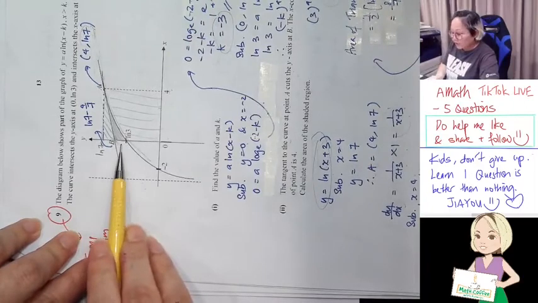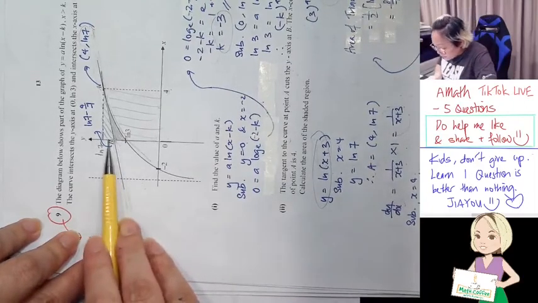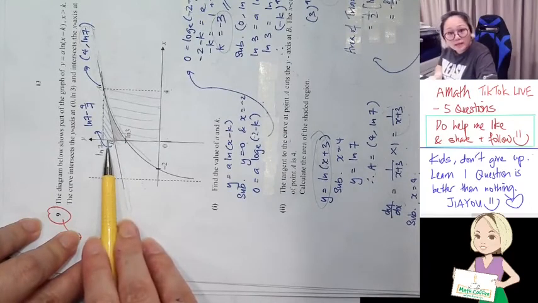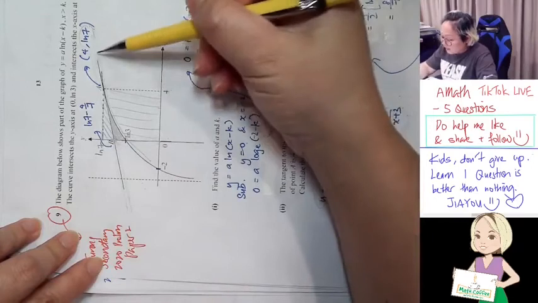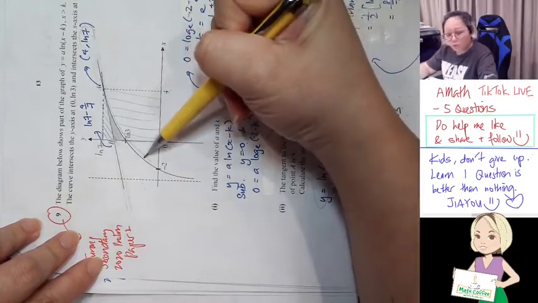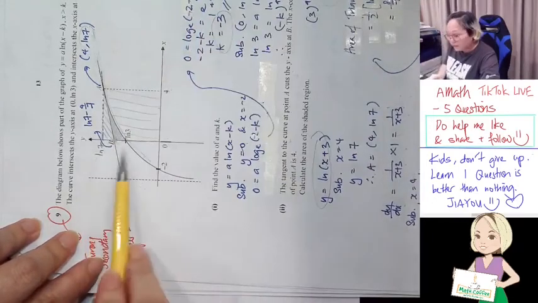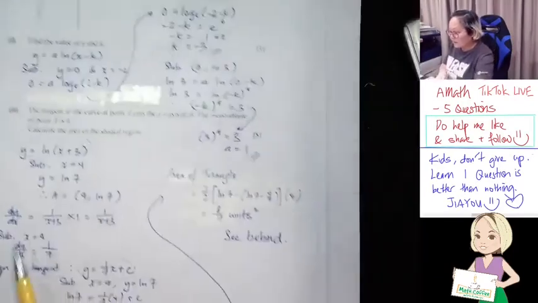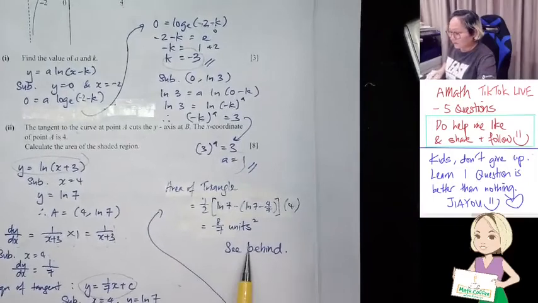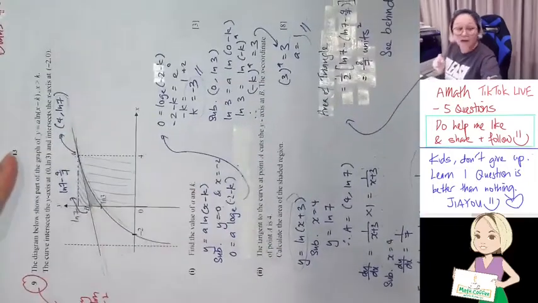They want the shaded, that's fine. I can just minus the triangle. You understand? I can just minus the triangle. Then I will get my shaded. So my first step is I need to integrate the curve with respect to y, sweep from ln 7 to ln 3. And then after that, I minus the triangle. So over here, I did the triangle. Of course, the triangle is simply just half times base times height.